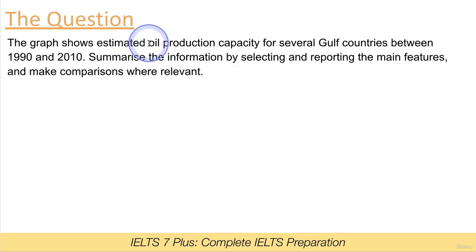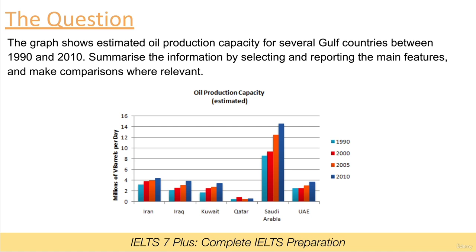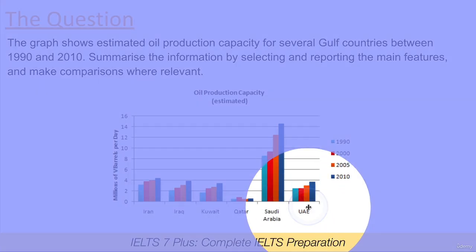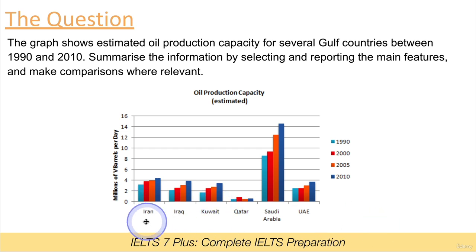Okay, let's just look at the question again. It's a bar chart about estimated oil production capacity for several countries over the course of 20 years. Let's have a look. Right, so here's the bar chart itself. Along the y-axis, we have the countries: Iran, Iraq, Kuwait, Qatar, Saudi Arabia, and UAE.